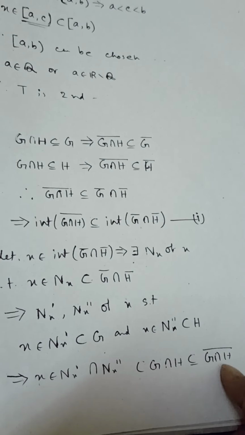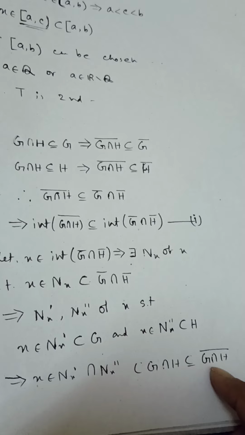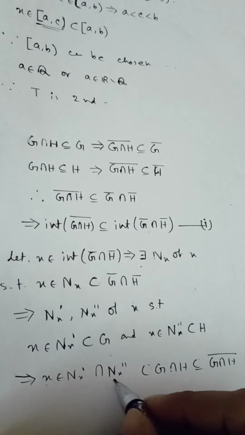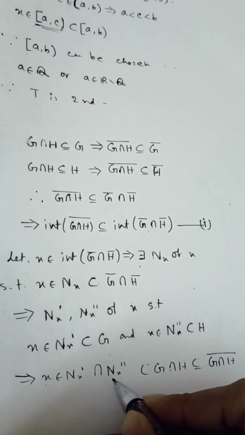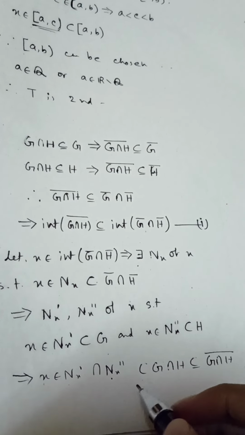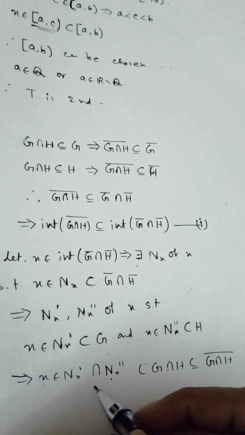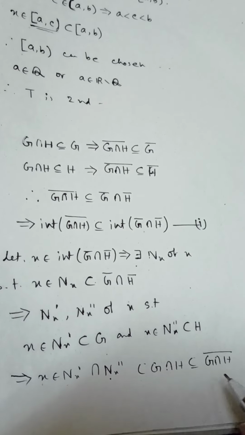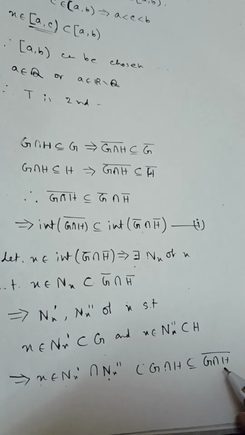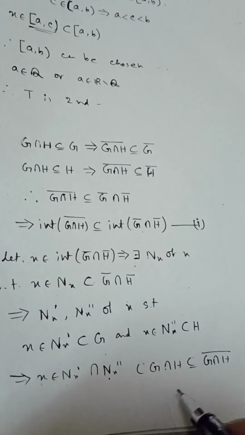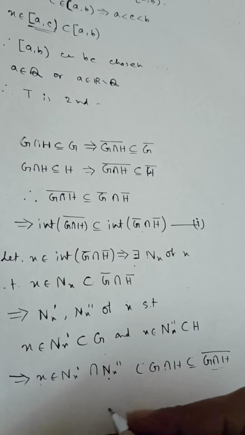Any set is contained in its closure. Also, since these two are open sets, the intersection of these two is also an open set, and x is contained in that open set, and this open set is contained in this set. So that means x is an interior point of this set, right?